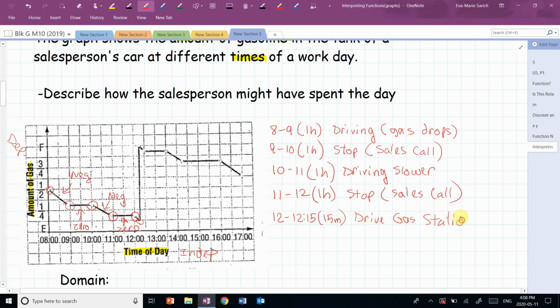And at that gas station, at 12:15, the gasoline has shot all the way up to a full tank, okay? And then there's another 15 minutes approximately. So it drops and then rises, and then there's a little bit of a drop again. So at 12:15, the salesperson is going to fill with gas.